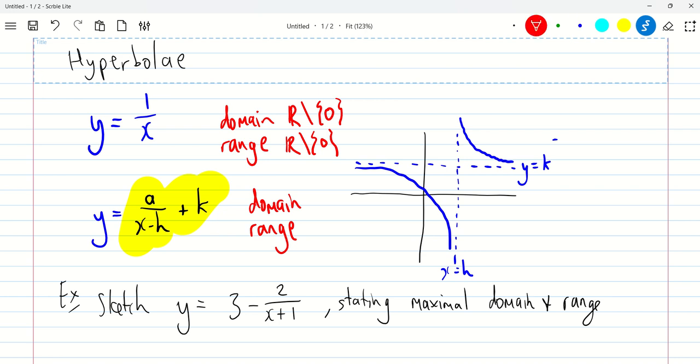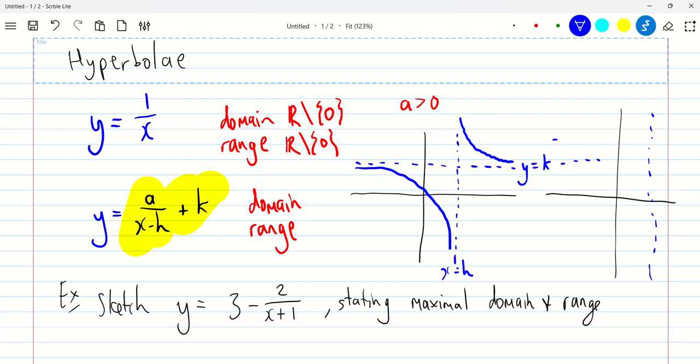Now, this is what happens if a is greater than 0. Then I'll do another one for what happens if a is less than 0, if a is negative. So again, for the same h and k, I've got asymptotes x equals h and y equals k.